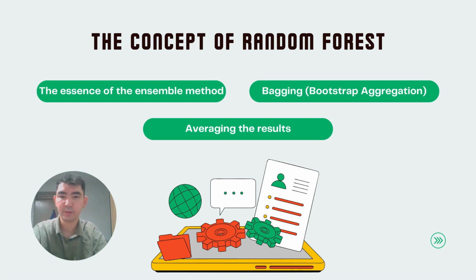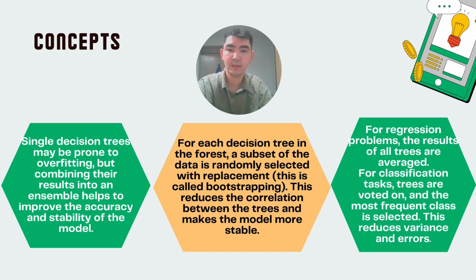There are three essential concepts of random forest: the essence of the ensemble method, bagging (bootstrap aggregation), and averaging the results. The essence of the ensemble method: single decision trees may be prone to overfitting, but combining their results into an ensemble helps to improve the accuracy and stability of the model.